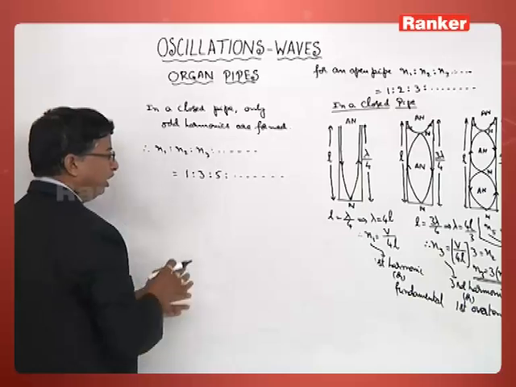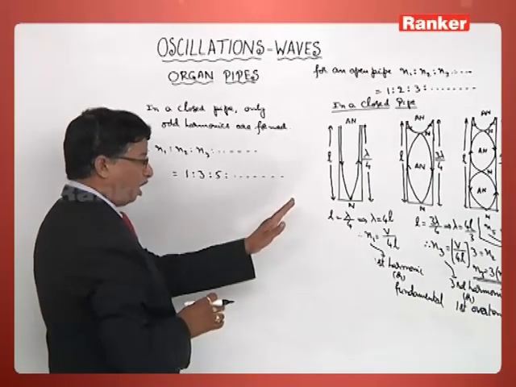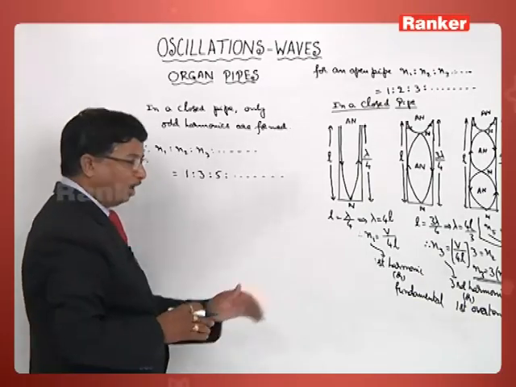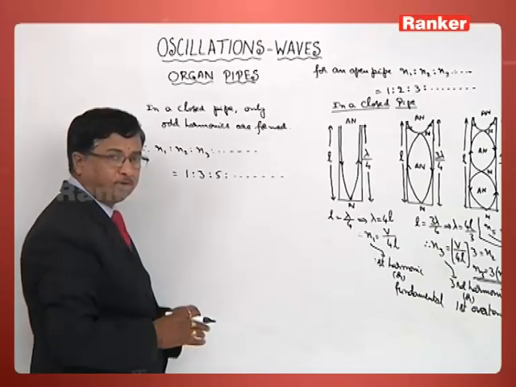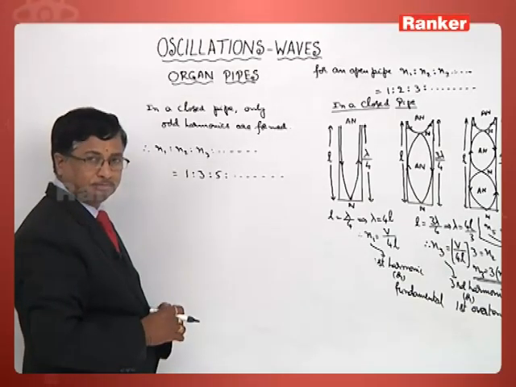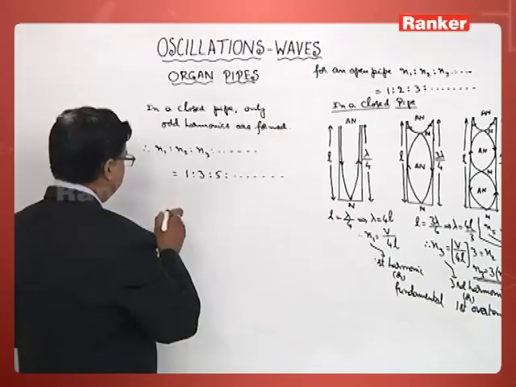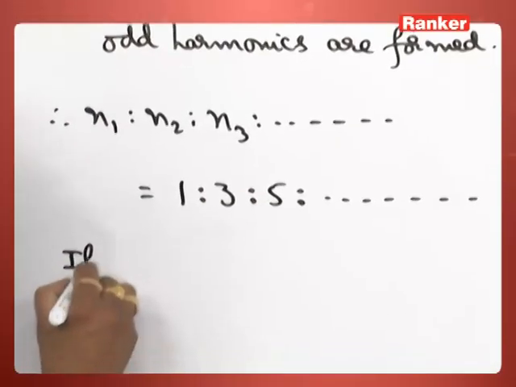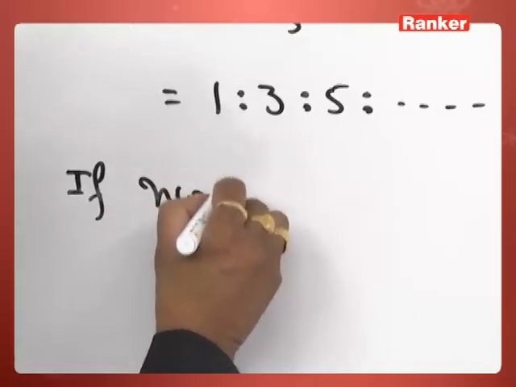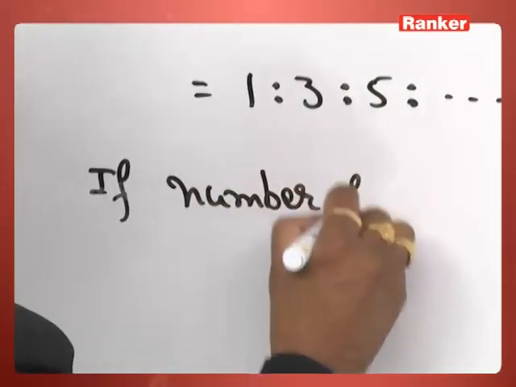But how to identify the number of harmonics and the corresponding number of overtones? There is a small relation like this.